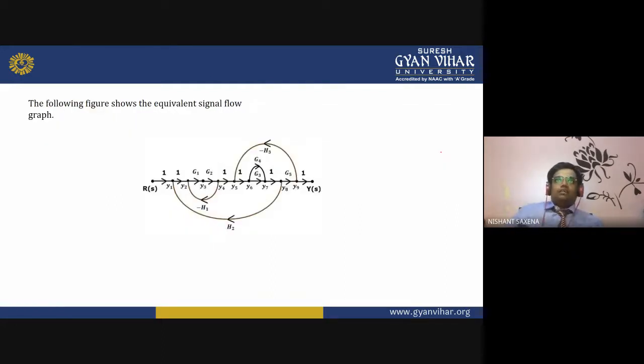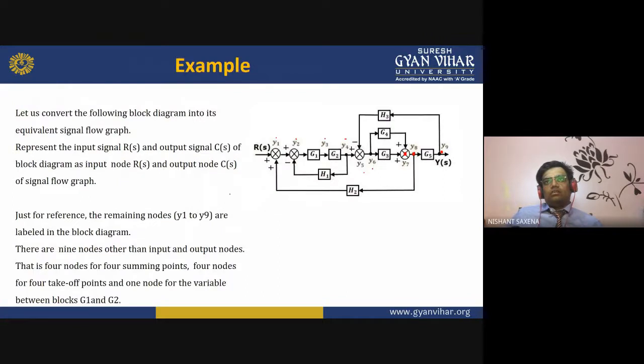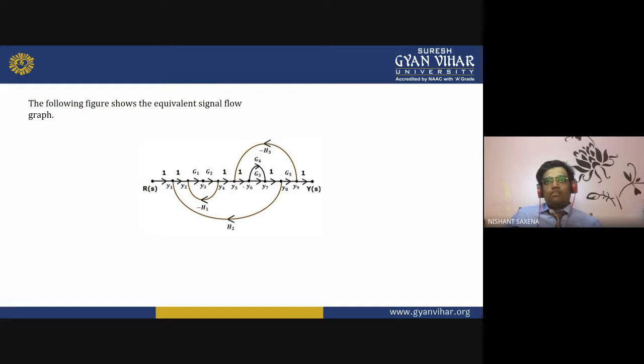Now look at this. This figure shows the equivalent signal flow graph. How have we converted it into this? This is one node, and this is one node. We have represented all these nodes as y1, y2, y3, y4, y5, and y6. I have represented the gains of the blocks as the gains of the branches.